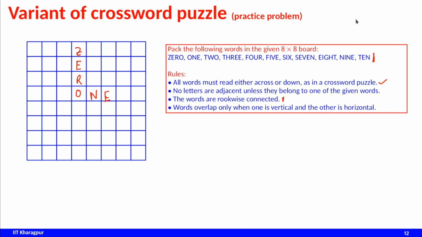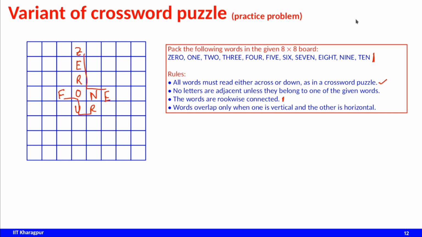So it cannot be something like this, I cannot put FOUR in this manner. So that means it has a wide connection, that cannot be possible, but this connection is possible, rookwise connected.